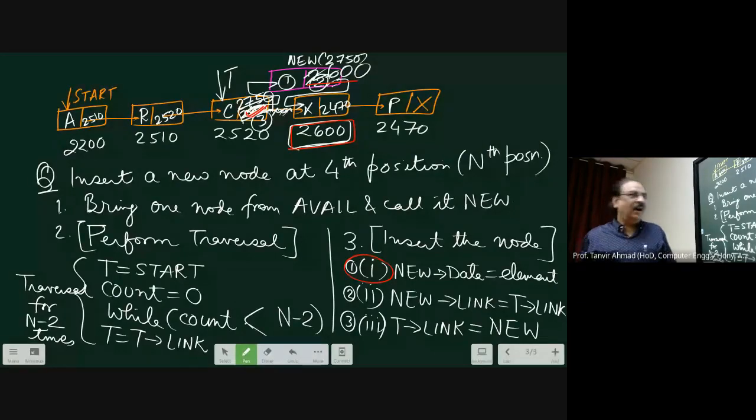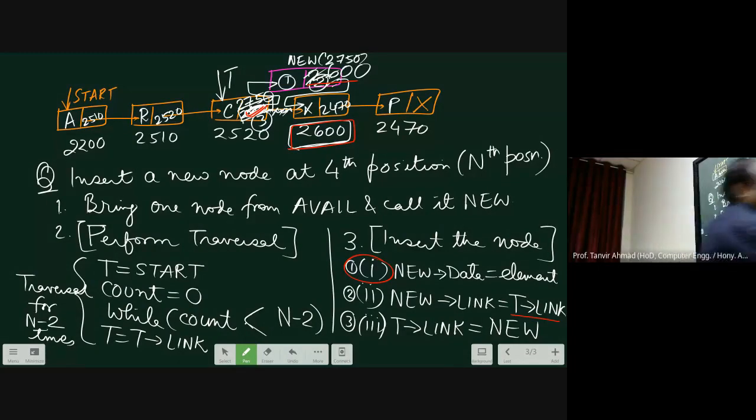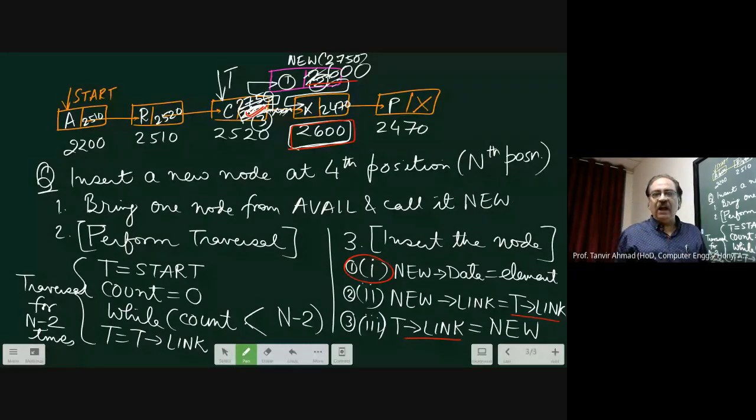And therefore, I modified T of link, I modified the new part, and then I modified the T of link. Okay. Now this is an important concept, and that's all, you stop at this moment. And this is how you are going to insert a node in the middle, anywhere.